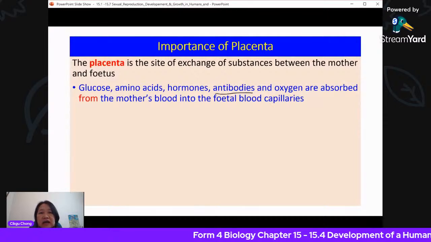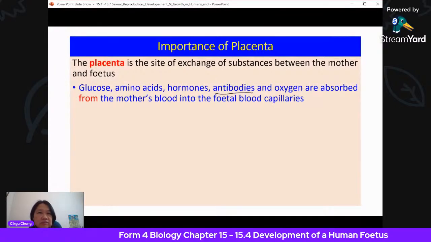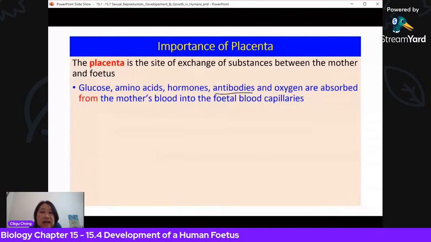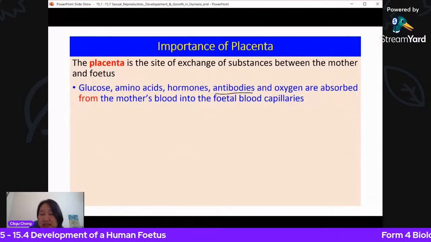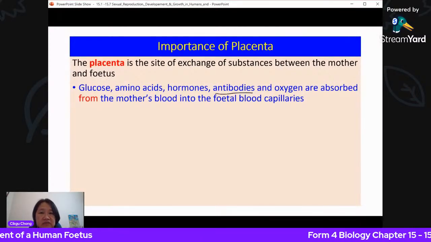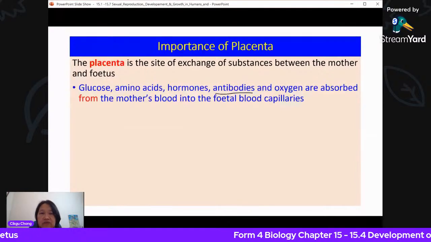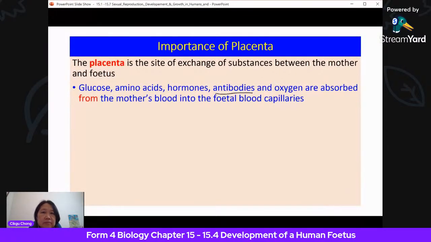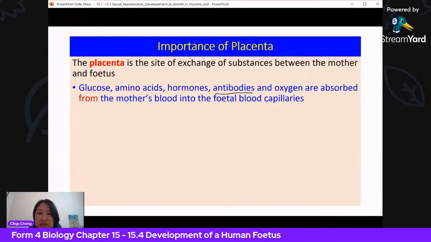Because you will find that sometimes the mother and the baby will have different antigens in terms of the blood type. I'm sure you learned that in Form 4 last year, where you have your rhesus positive and rhesus negative. If you forget, just revise back chapter 10, when you learn about the blood grouping, the ABO blood system. We also learn about the rhesus positive and negative.